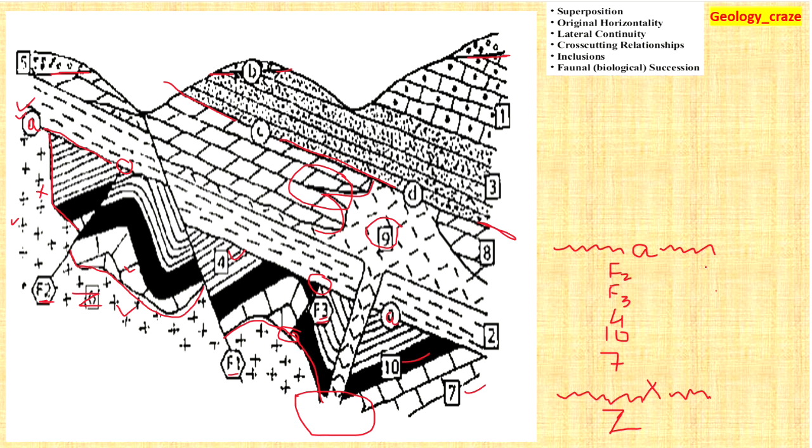Now, after the erosion took place, there is again a deposition of sediments. Which sediments are after the erosion? 2 and 8. Why am I not putting 3?